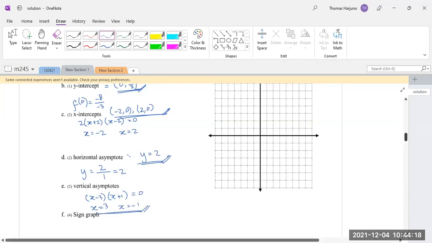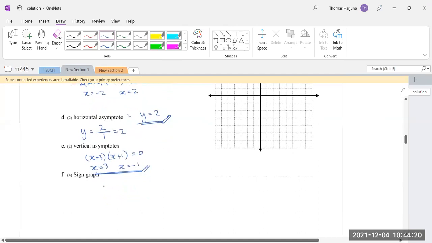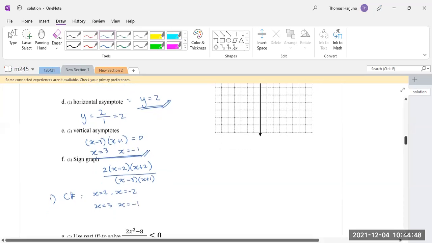Okay, now how about the sign graph? Let me write it down again. So 2x minus 2, x plus 2, x minus 3, x plus 1. So the critical numbers are x equals 2, x equals -2 on the numerator, x equals 3, x equals -1 on the denominator.